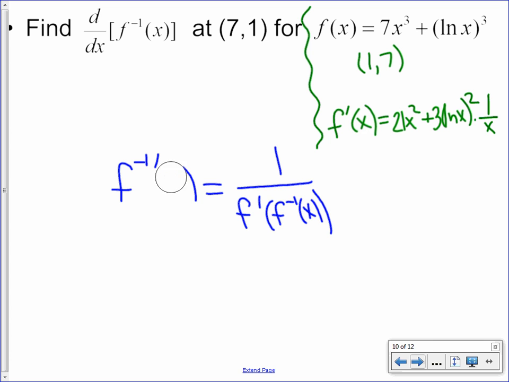So we're evaluating the inverse derivative at x equals 7. Well, what is f inverse of 7? 1. So what we're really doing is taking 1 over the derivative at 1.